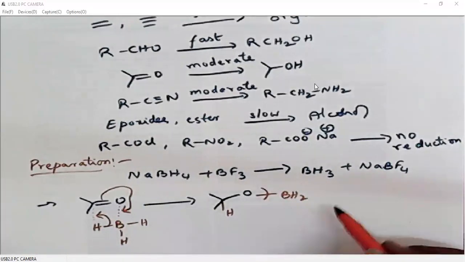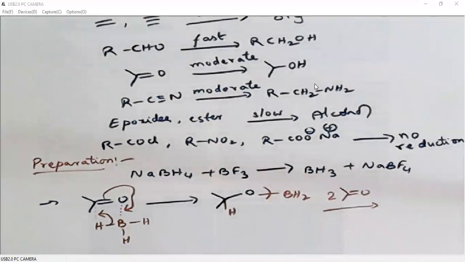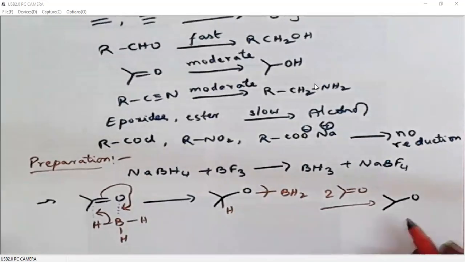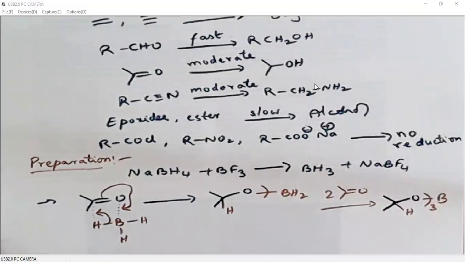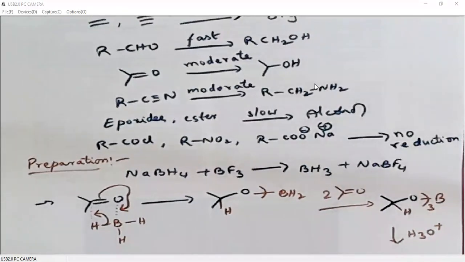Similarly, two more carbonyls can be reduced using a single molecule of borane. Okay, so here we will generate a complete borate ester three times. Then when we do hydrolysis of the borate ester, what happens?